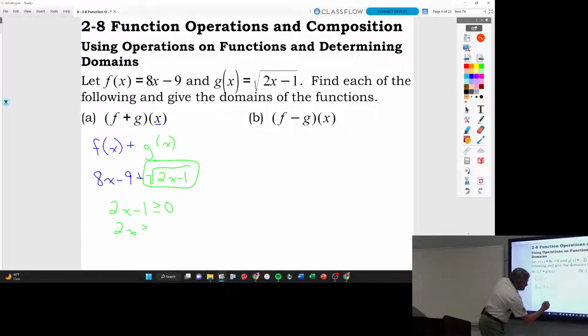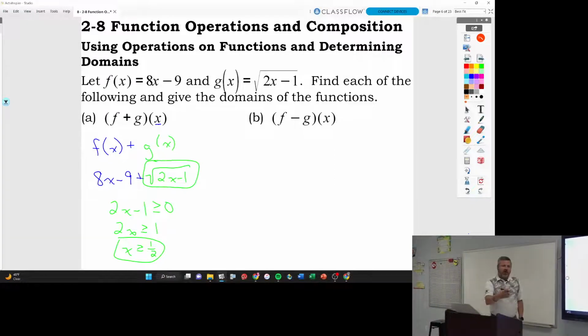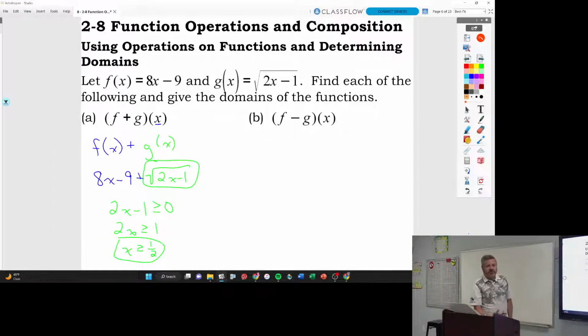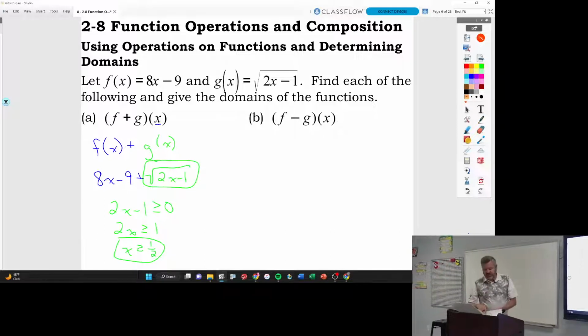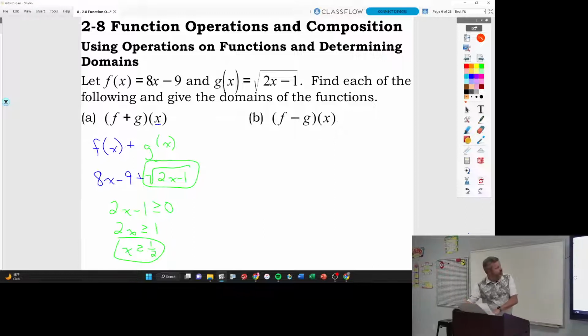So 2x is greater than or equal to 1. Divide both sides by 2. X has to be greater than or equal to 1/2. And so what that tells me is x can be any number as long as it's greater than or equal to 1/2, and that then becomes the domain of this problem. So there's your domain.